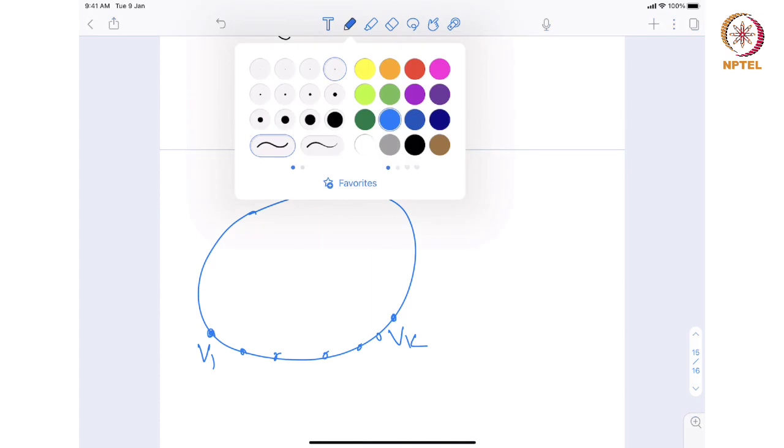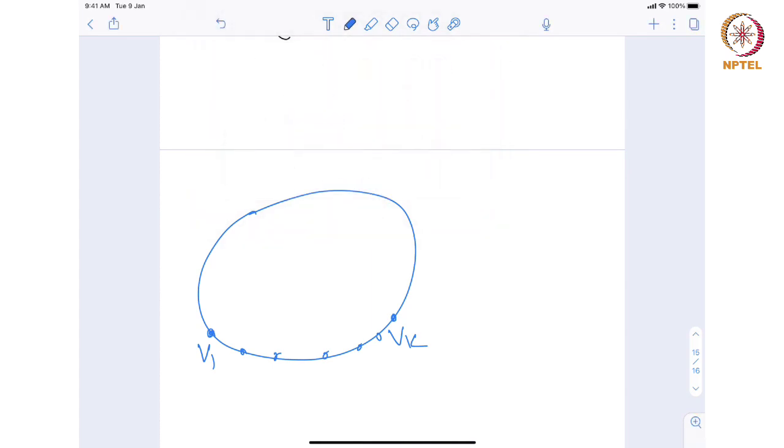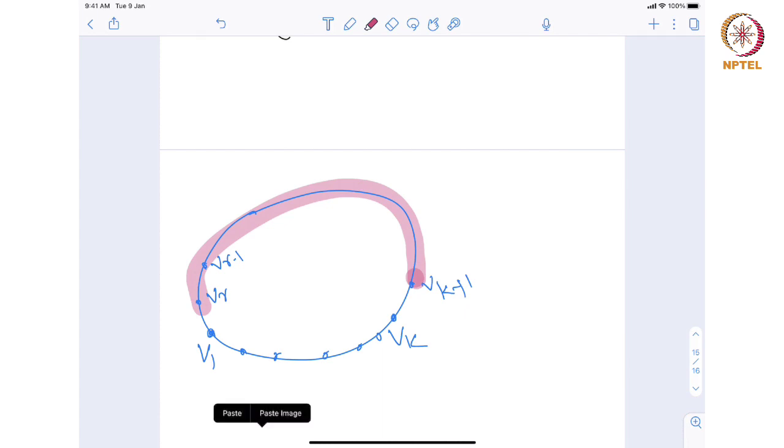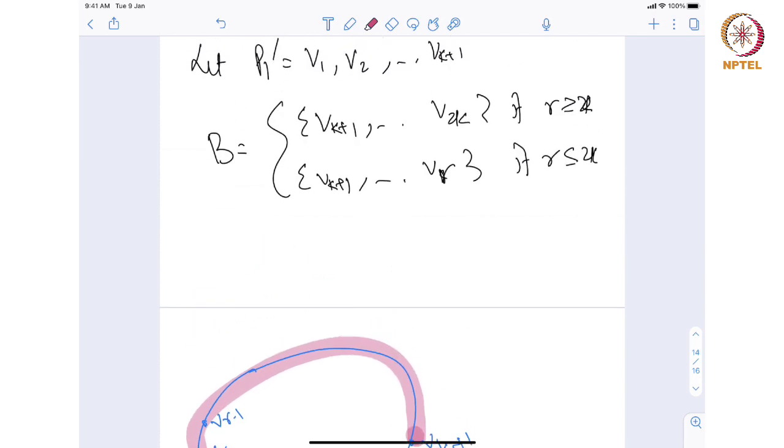Suppose this is my Vr, Vr minus 1, Vk plus 1. I am going to form a set B. If r is less than 2k, then my B is everything.